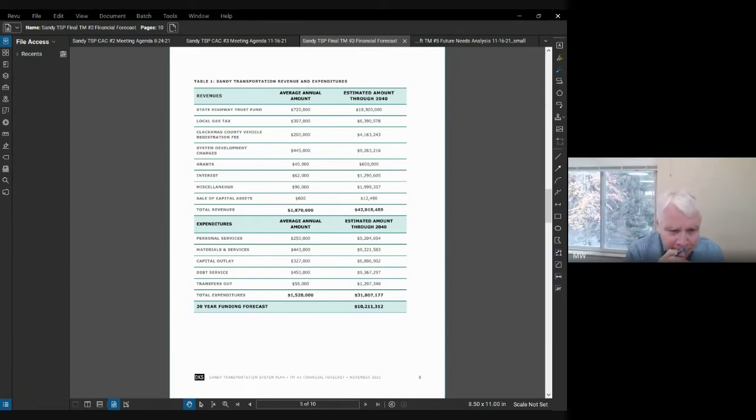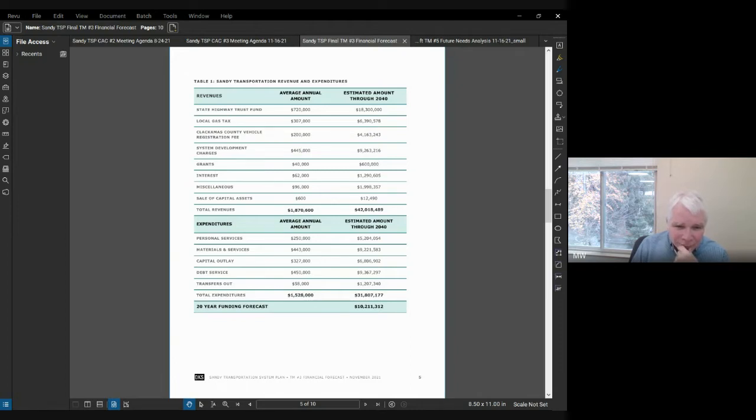So the state highway trust fund, those were just straight lined out with a little bit for inflation. But do you think that's realistic with the state gas tax? That seems to be a declining revenue source with more efficient vehicles, electric vehicles.